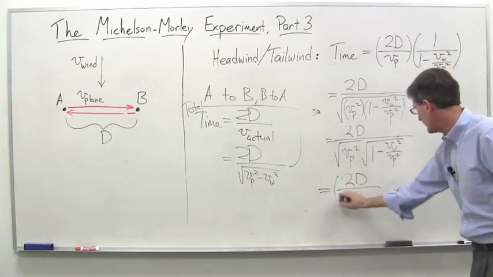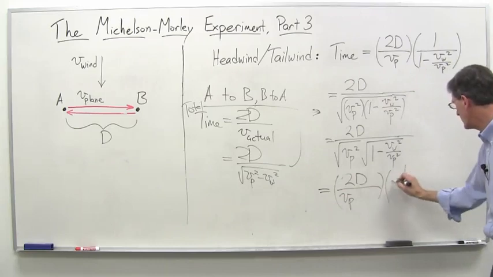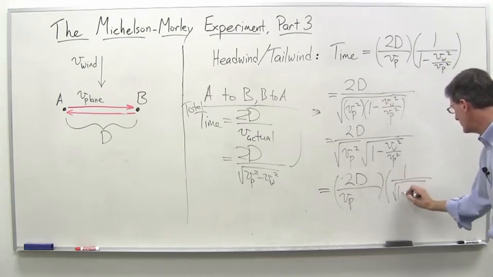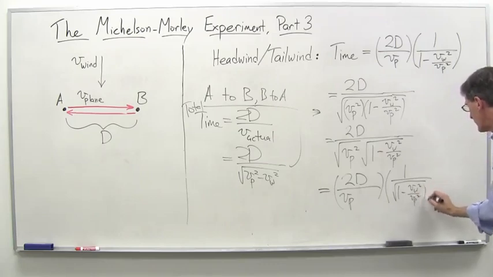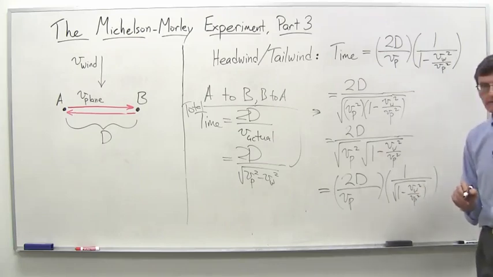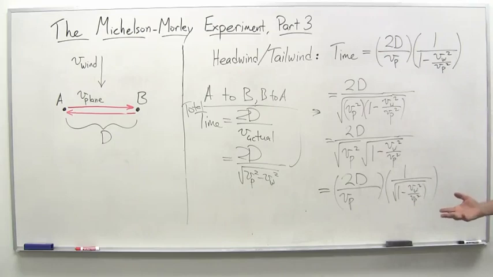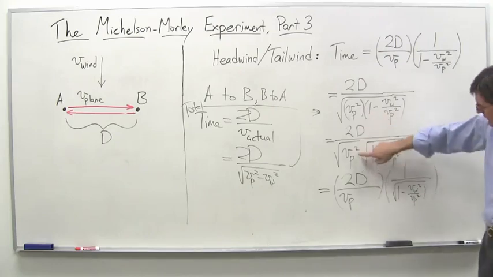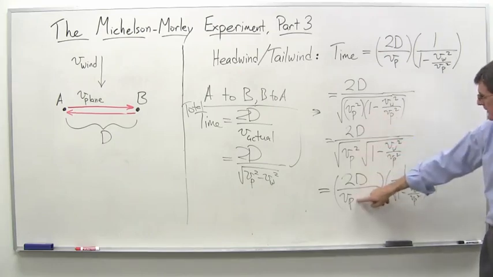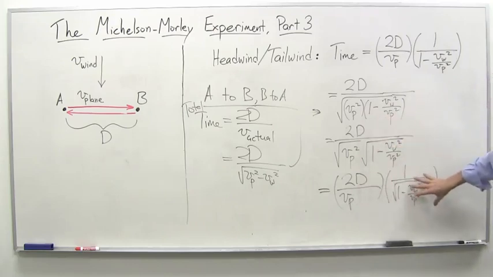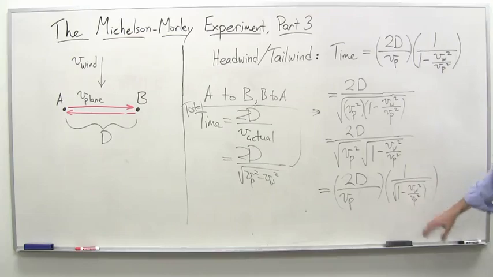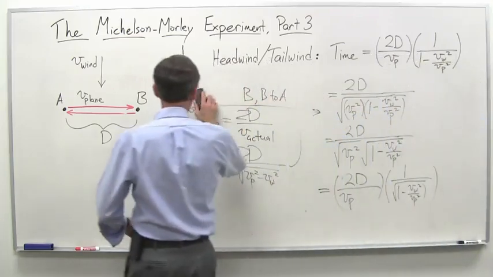And I've got this other factor here, which I'll write as 1 over the square root of 1 minus Vw squared over Vp squared. Okay? See where we got that? So here I had the 2D. This just becomes the Vp. And this second part here, the 1 over this, I just pulled out as a separate term there. Okay? So let's just rewrite that, clean it up a little bit here.